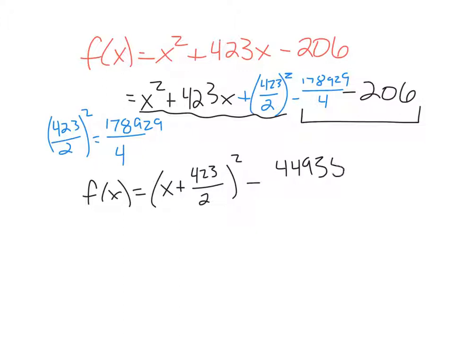Is it over anything? It's 0.25. So then what's the vertex then?